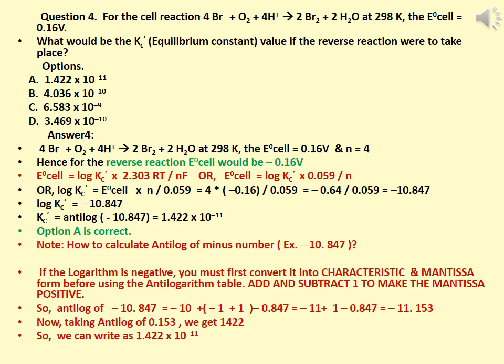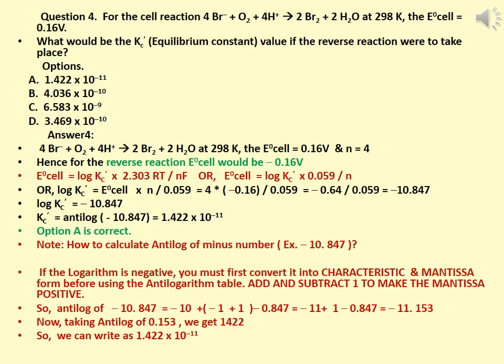Therefore, for the reverse reaction, E0 cell would be minus 0.16 volt. Magnitude would remain the same, only the sign would change. So if E0 cell is plus 0.16 volt for the forward reaction, it would become minus 0.16 volt for the reverse reaction.